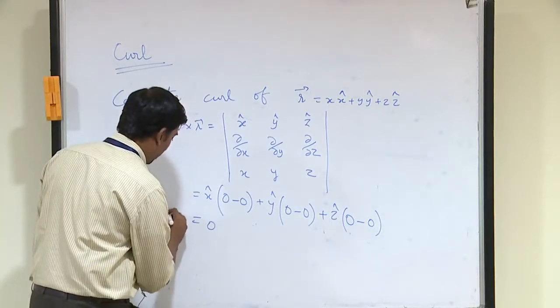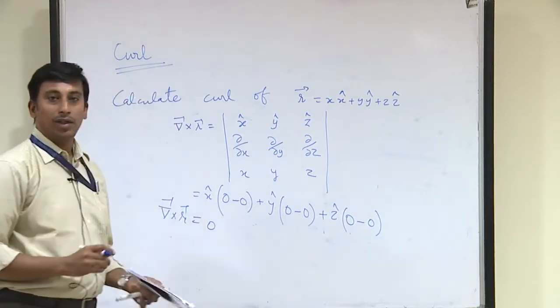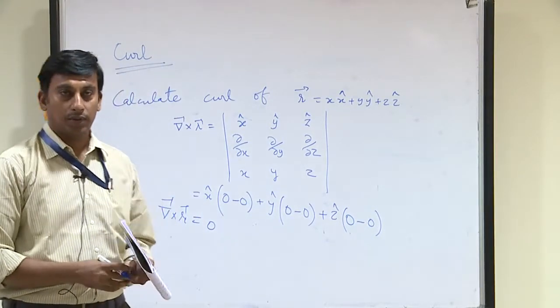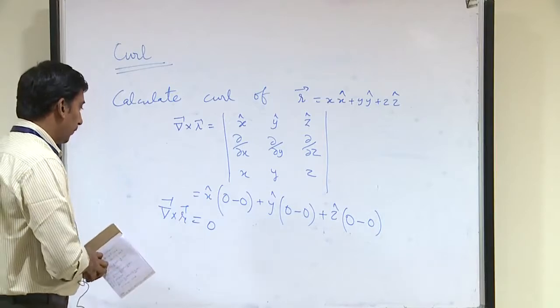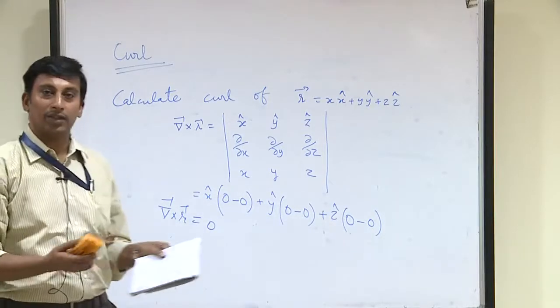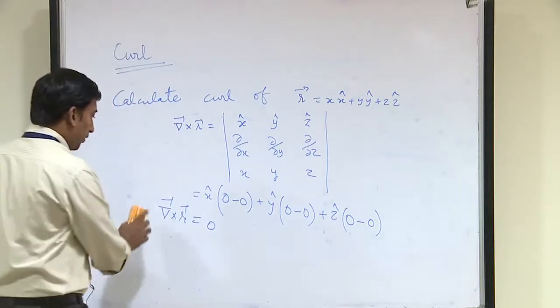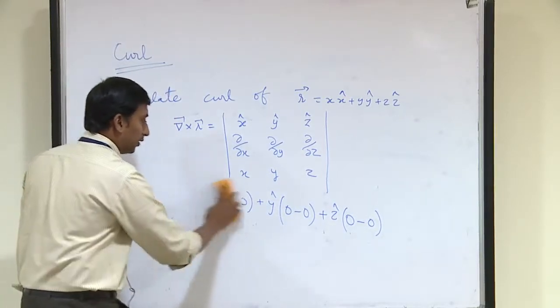So curl of R is 0. Since the radial vector is diverging out, it's not curling around the given point, which is what we expect.